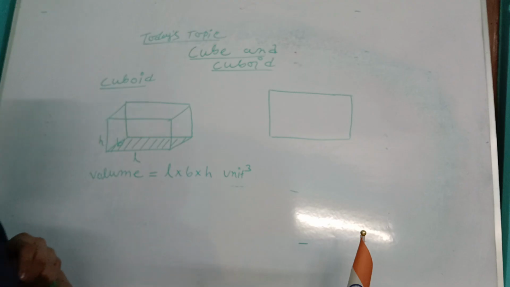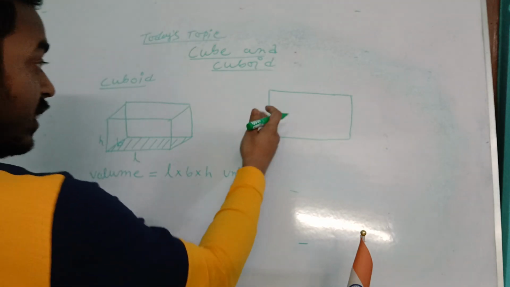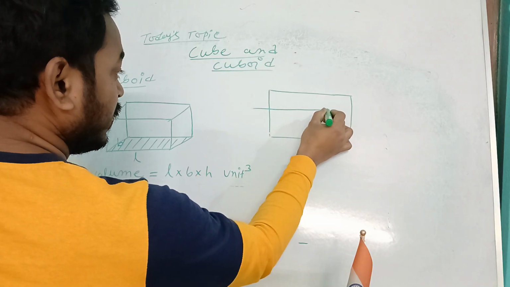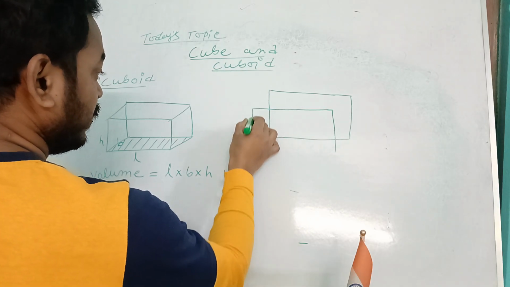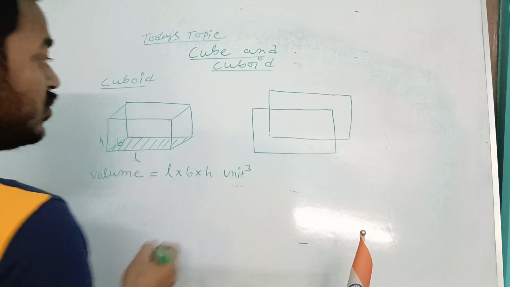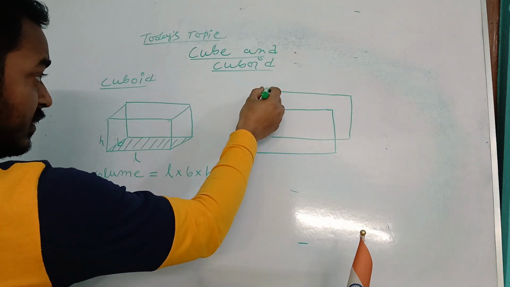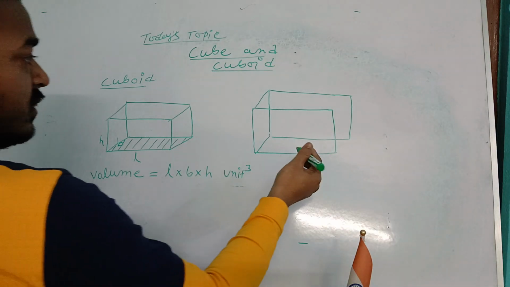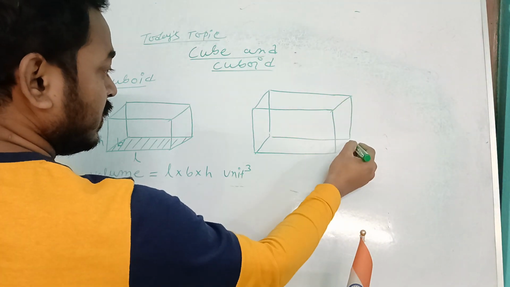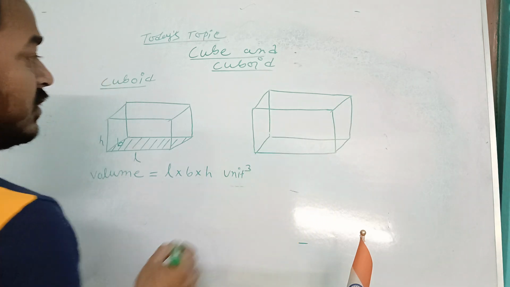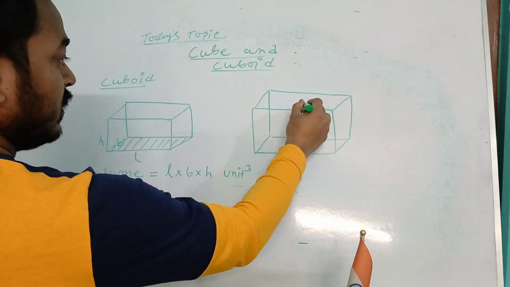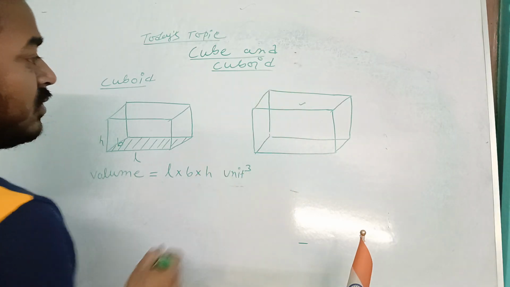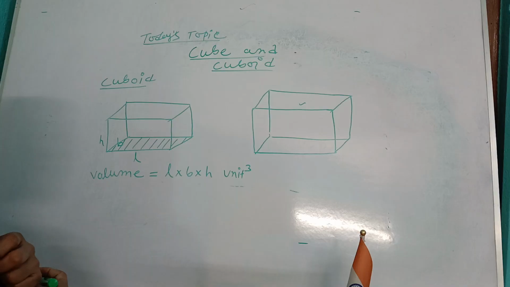One, then I'm drawing another one. This is two. If I consider this side, then it is three. Then this side, so it is four. So one, then front two, three, four, up and down. So total six faces are there.